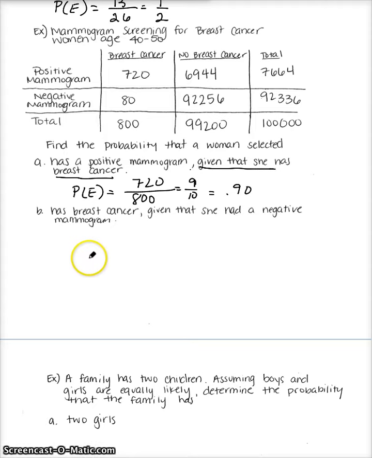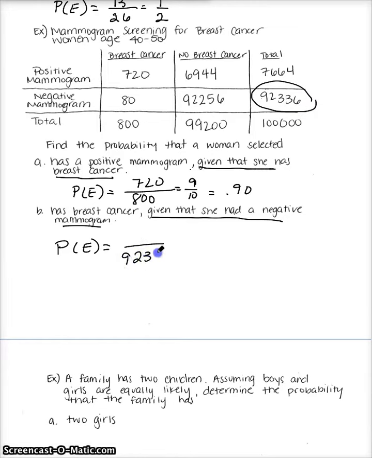Find the probability that a woman has breast cancer given that she has a negative mammogram. If the woman has a negative mammogram, there were 92,336 of them. And we want to know the probability that that person had breast cancer. This is 80.